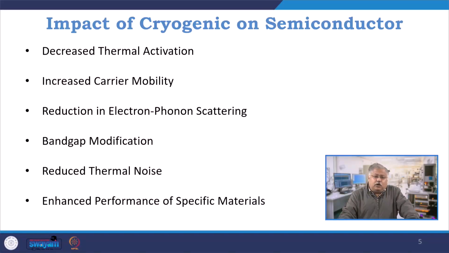As a result there will be increased carrier mobility, resulting from the reduction in electron-phonon scattering. So because of very low temperature, lattice vibrations and thermal activation reduce, scattering will be at a bare minimum, which results in an increased carrier mobility. This is the whole angle of it.